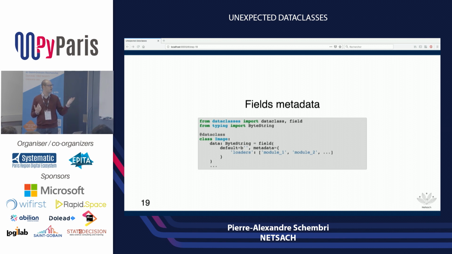So we can specify, okay, for this field, I support some loaders, and I give a list of all the loaders that I can support. So we can imagine any kind of complex logic built in the class definition. But just to bring some information, because there is no code. It's just info. I'll let you imagine what could be done.